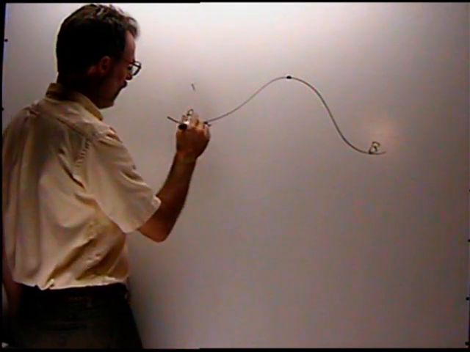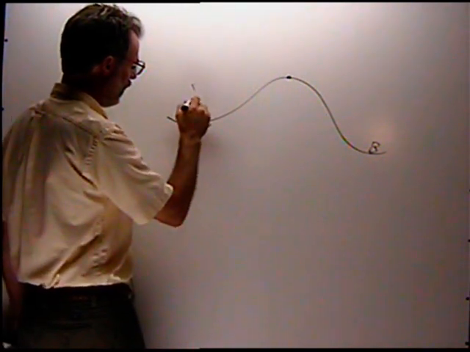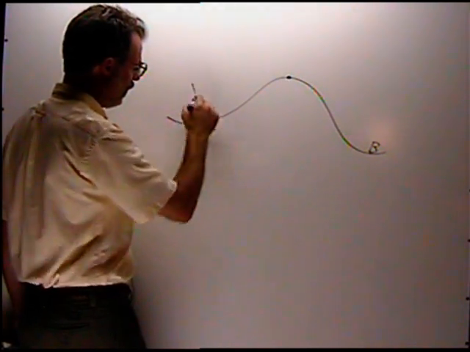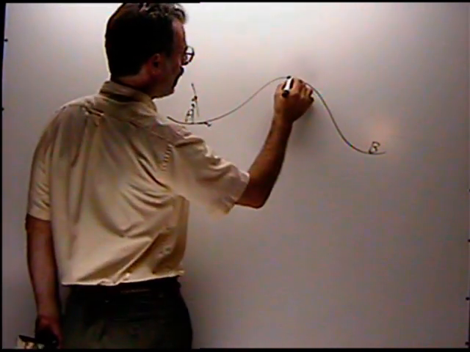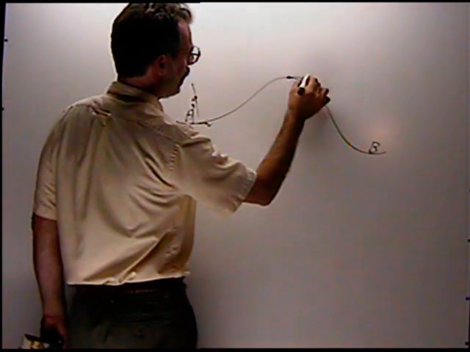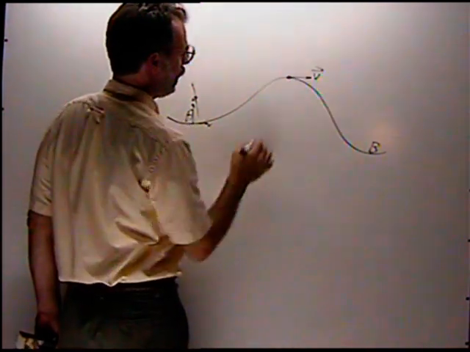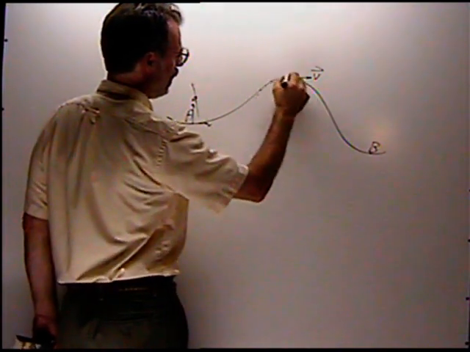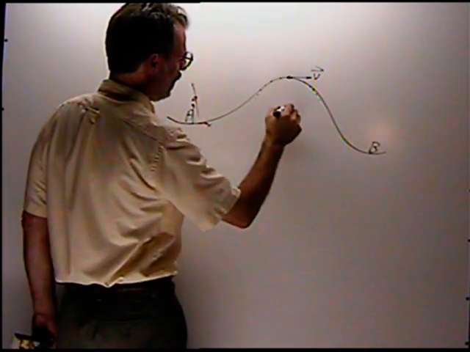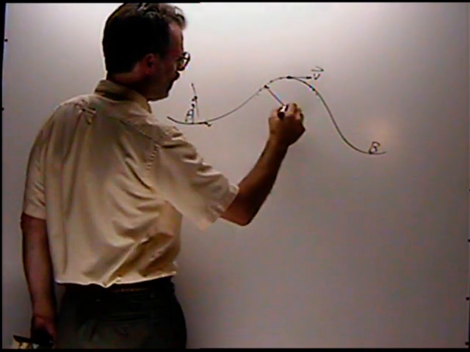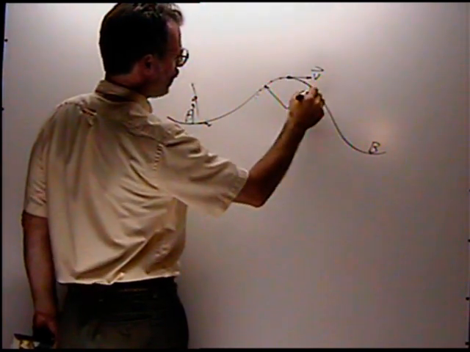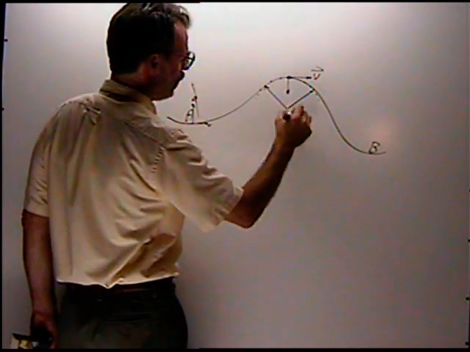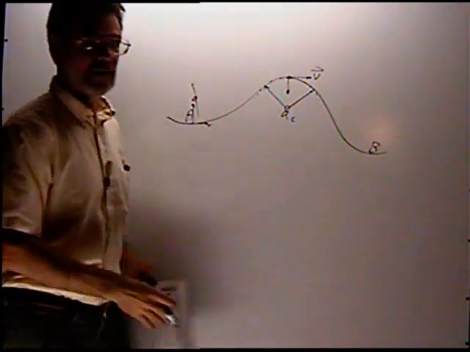So right at this point, it has to have an acceleration toward the center in order to pull it around the curve. The velocity is going that way. But the acceleration is, if we dotted this out, it's a partial circle, so there has to be an acceleration right to the center. Okay.